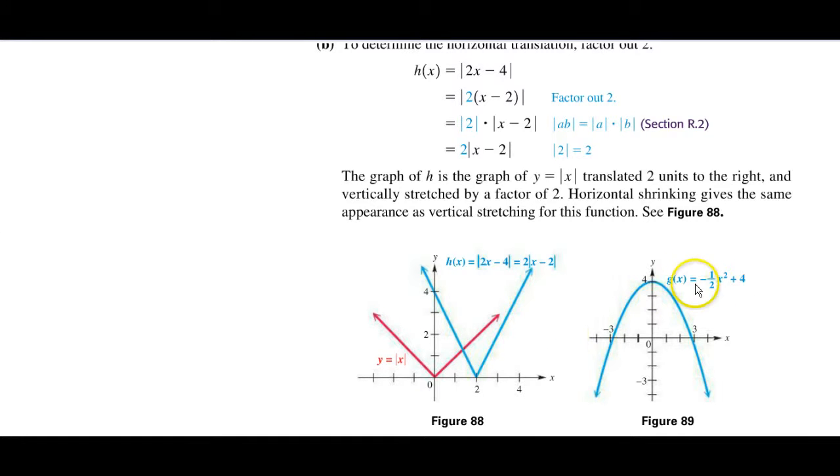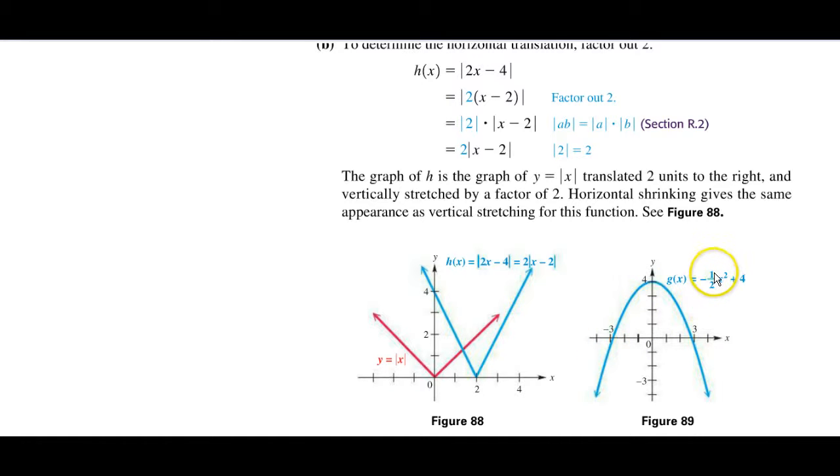Now, for this one, as we look at it, because of the x squared being negative, the parabola is going to open up downwards, and the 4 then is our y-intercept, and therefore our vertex of this parabola.